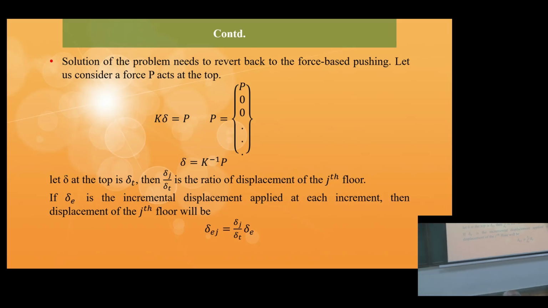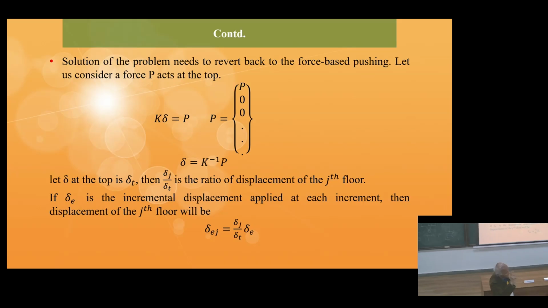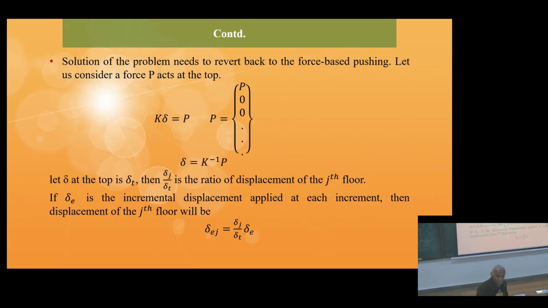And you can see immediately that this is according to the stiffness distribution of the frame. I've given a displacement, and force is this, three forces coming into this system.